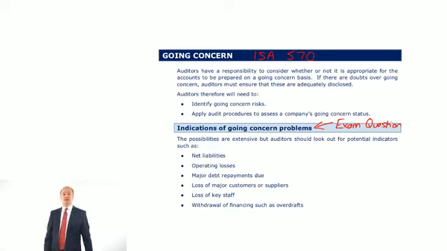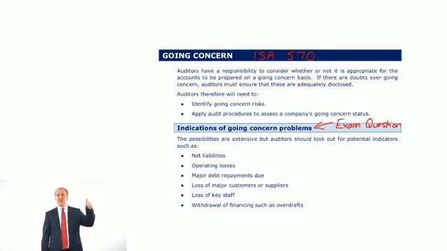Where you're given a story and you're told, please identify any clues in the story that the company is in trouble. Now I think this is one of the easiest questions that can come up on F8, because she's going to have to give you information that tells you they've got problems.